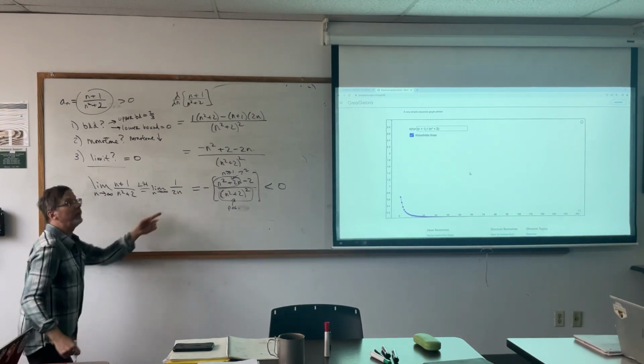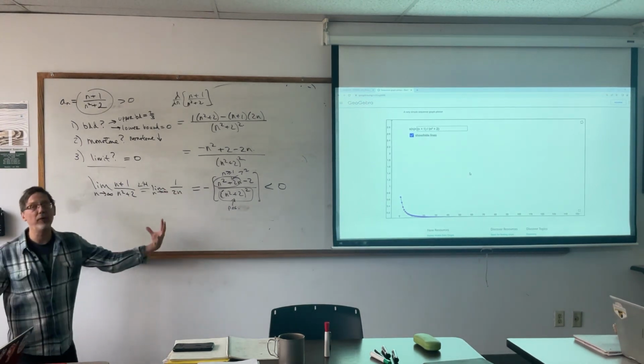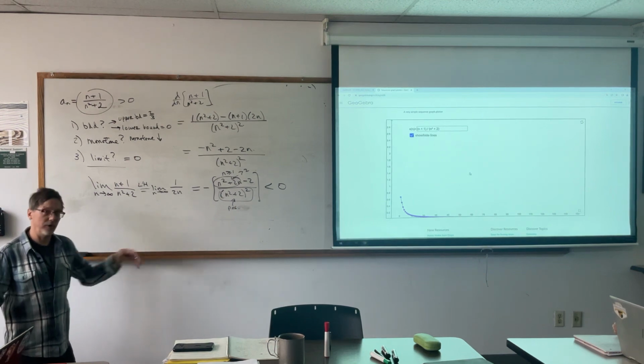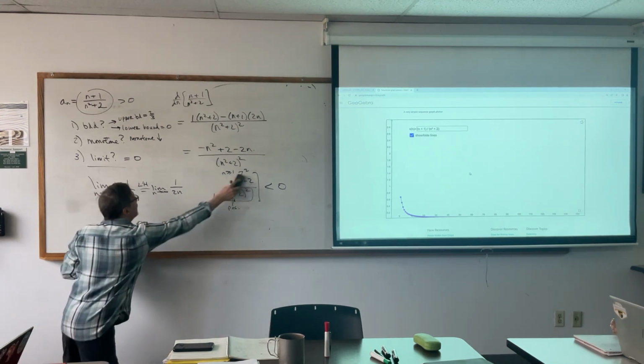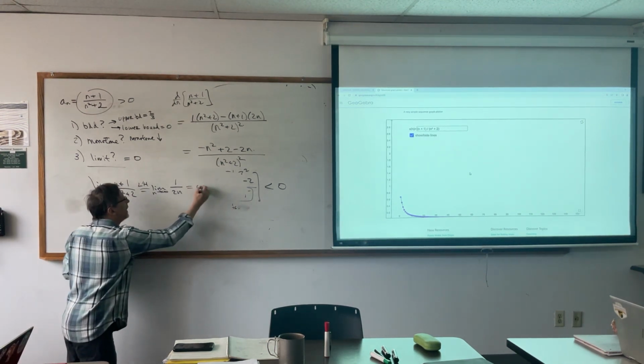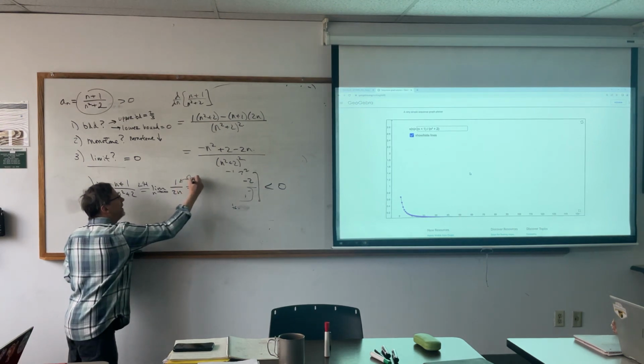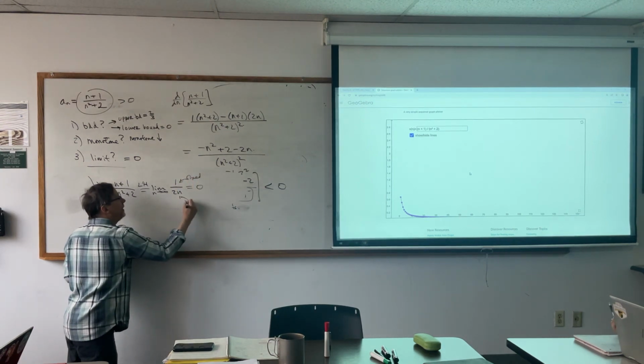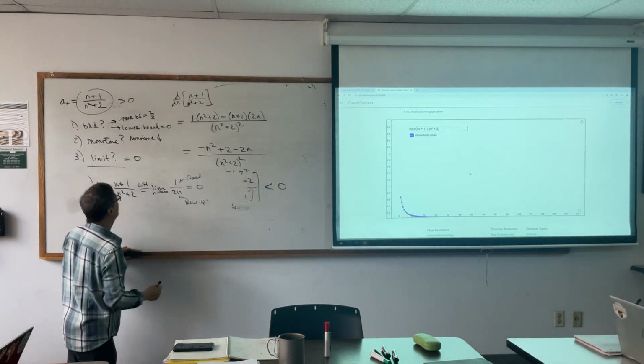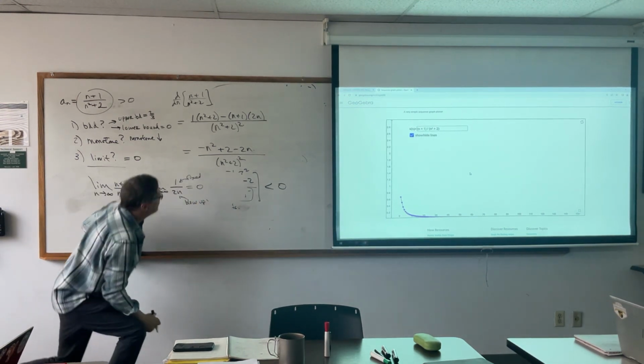Now we've seen this before. Top is fixed, bottom's blowing up. It's going to 0. Exactly. So once you get to here, you've got a fixed over a blow up, you got a 0.